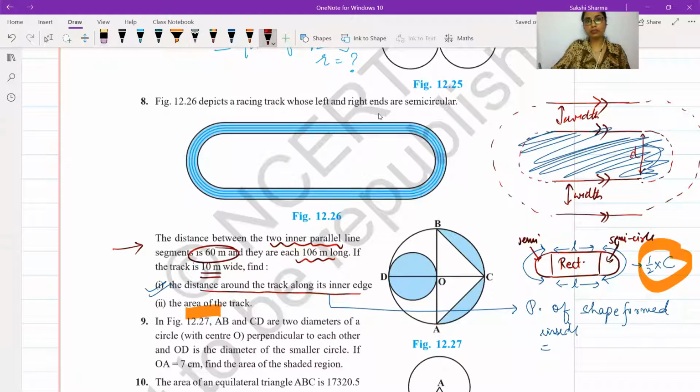So first of all, you want to show that your track is formed by a rectangular portion and 2 semicircular ends, and then you can name this.